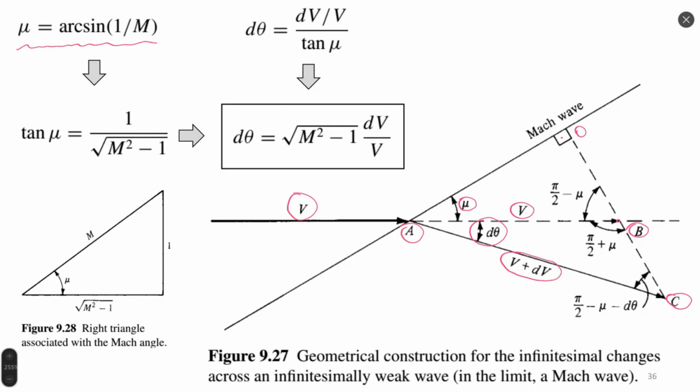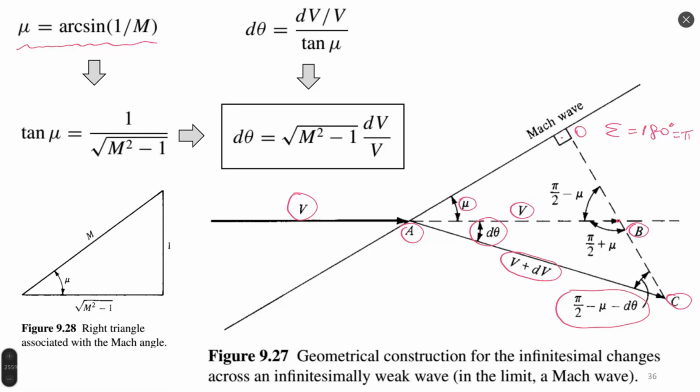For example, this near corner C is pi divided by 2 minus mu minus d theta, according to geometrical relations, right? We know that the sum of all angles in our triangle is 180 degrees, or pi.